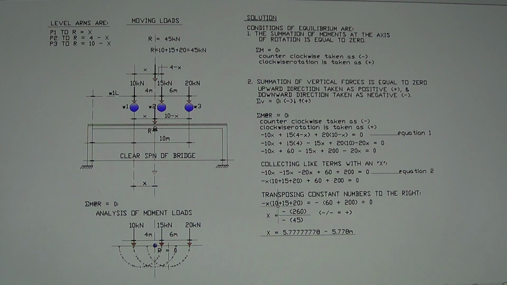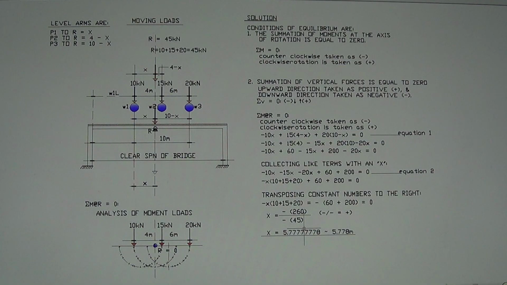And then we cross multiply this, the 45 will go under the 260, and now the mathematical operation, the law of division in mathematics: when you divide numbers having like signs, the quotient is positive right here.